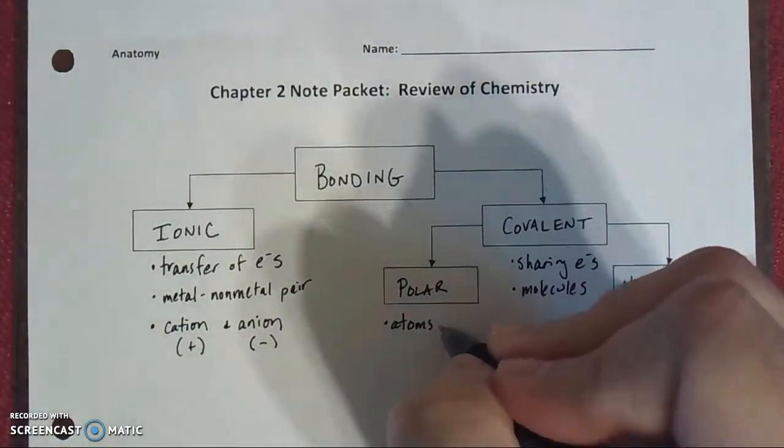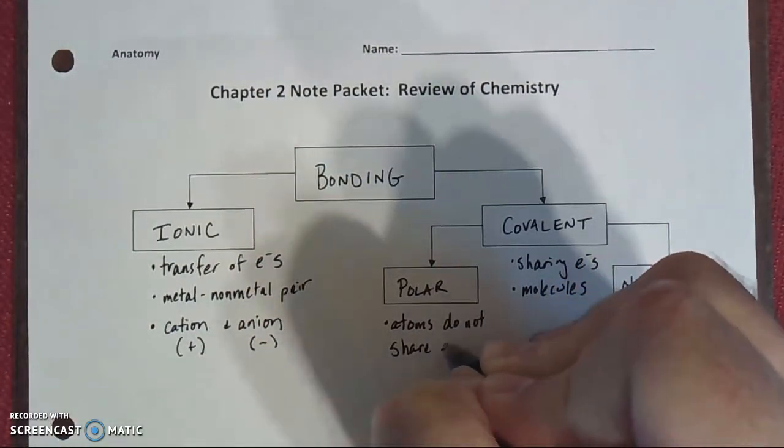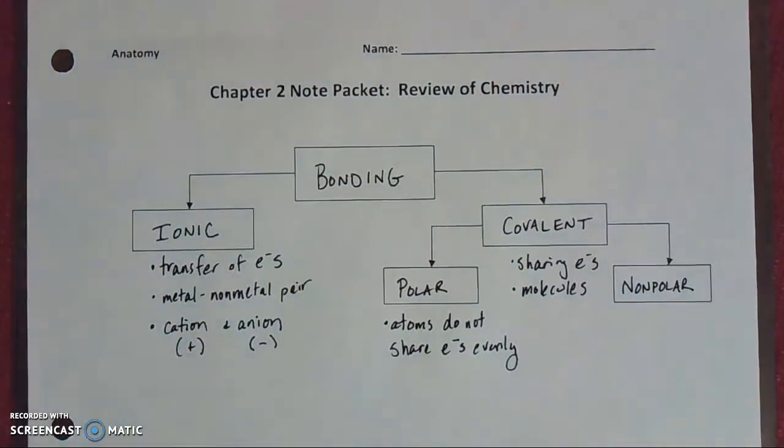So the atoms do not share electrons evenly. And it has to do with electronegativity differences. So there's a difference in electronegativity that is enough to separate the charges. And usually that's around a 0.4 difference or higher.